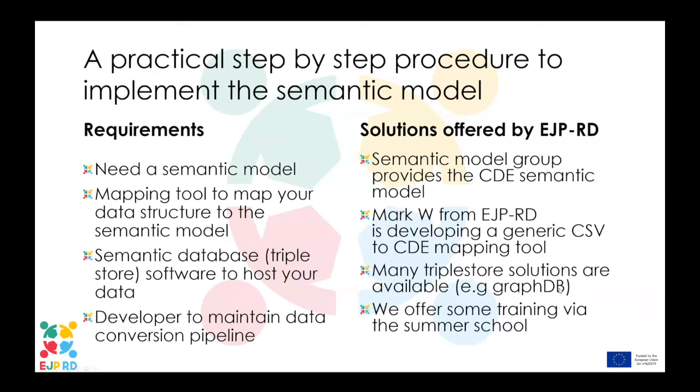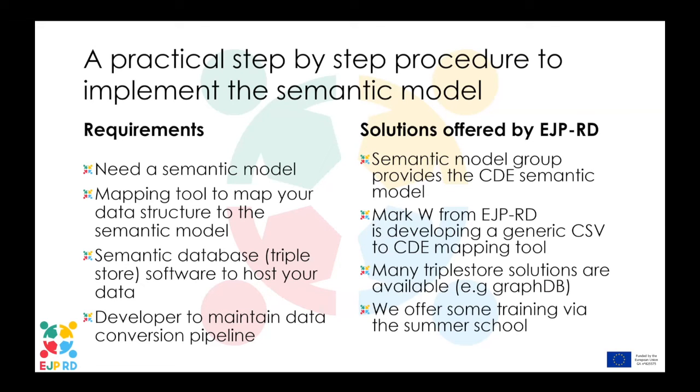What are the practical steps involved in implementing a semantic model? On the left-hand side, you see the requirements, and on the right-hand side, possible solutions offered by EJP-RD. First of all, you need a semantic model to implement in your database to describe it. In EJP-RD, we provide this as artifacts.